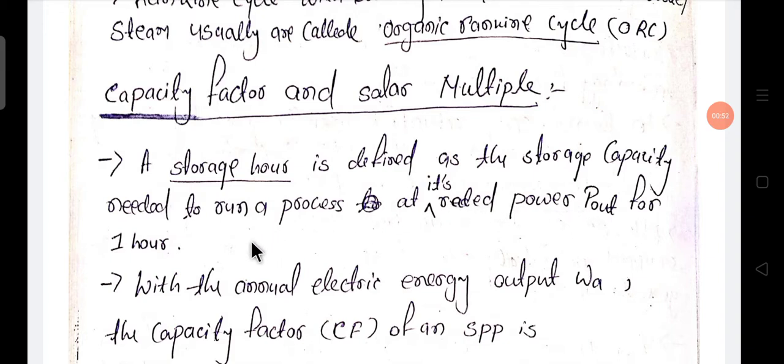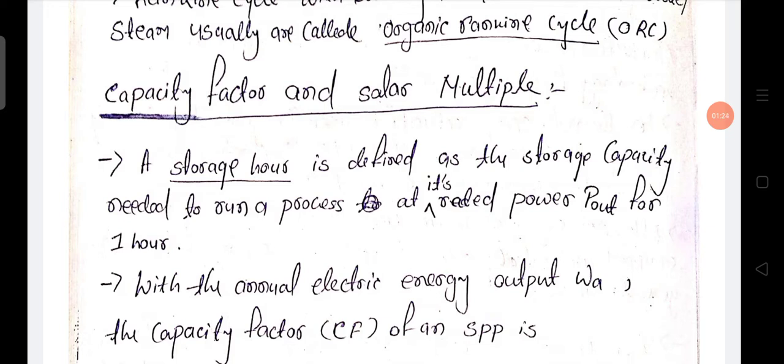That means a storage hour is the amount of storage capacity needed to run a process or a power plant at its rated output power for 1 hour.